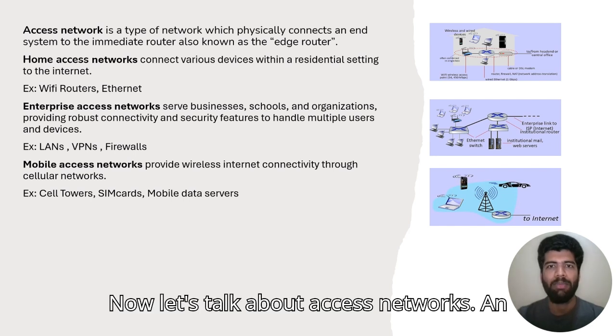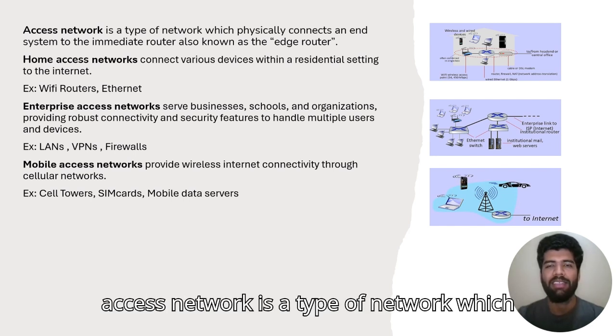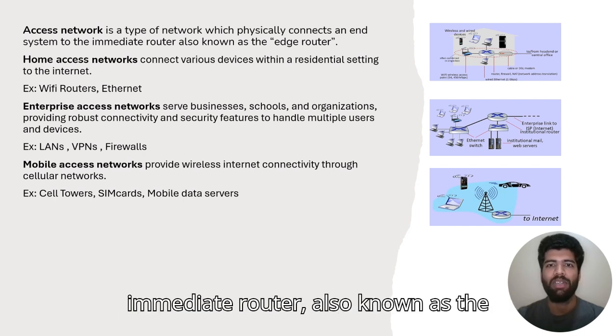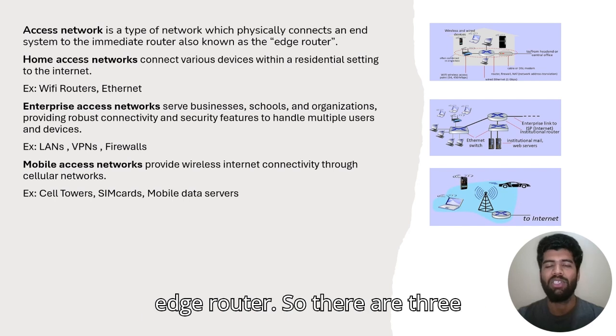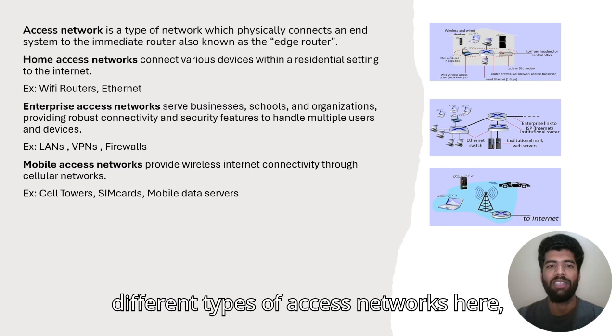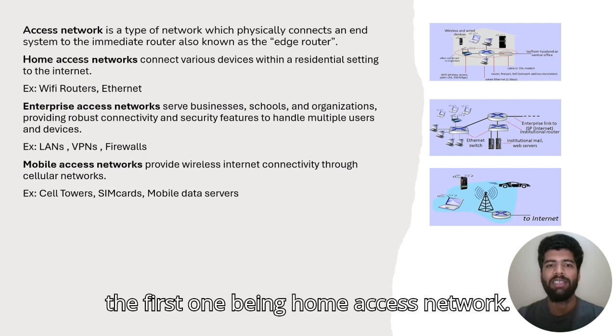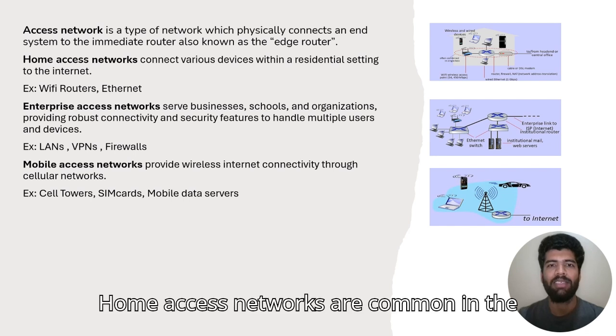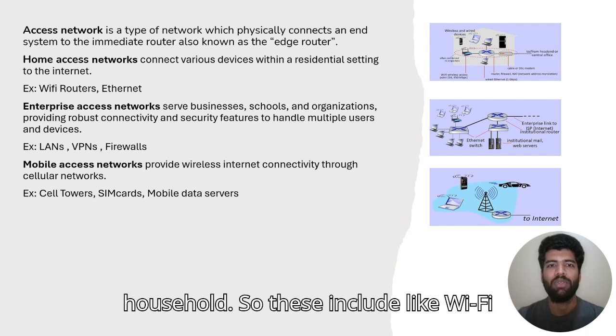Now let's talk about access networks. An access network is a type of network which physically connects an end system to the immediate router, also known as the edge router. There are three different types of access networks. The first one is the home access network. Home access networks are common in households.